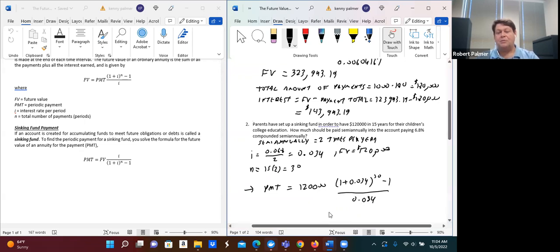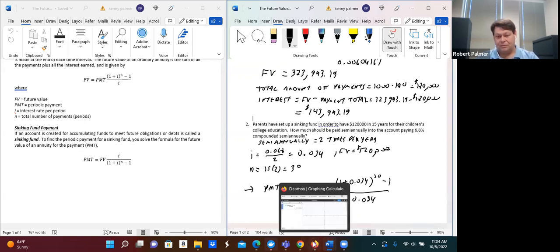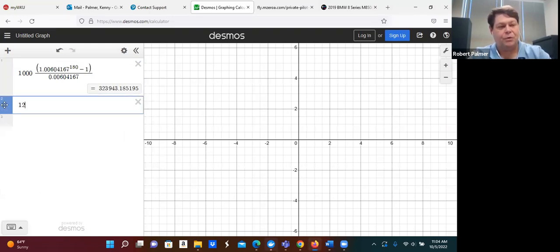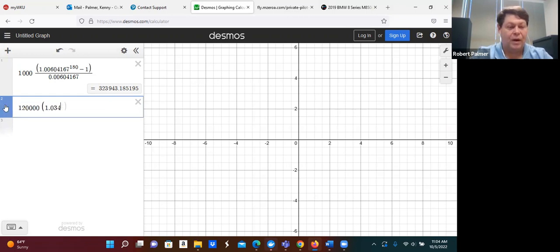Now, let's go back to Desmos and do this. So let's start another line in the same way. So $120,000, I'll make a space. And then I'm going to raise 1.034, I've added those, to the 30, the number of payments or number of compounding periods, minus 1.